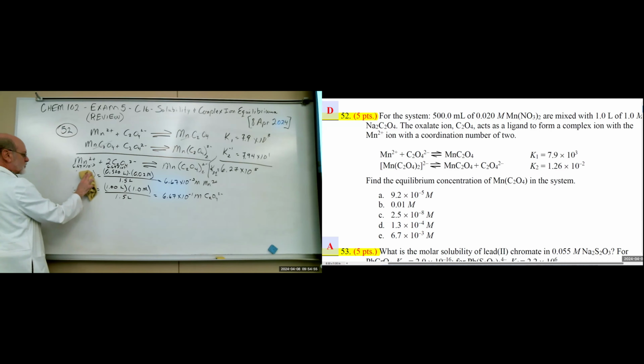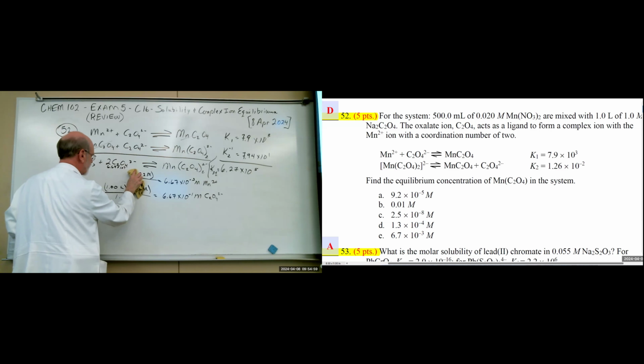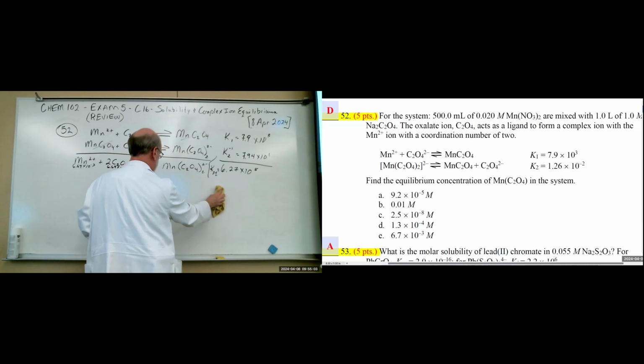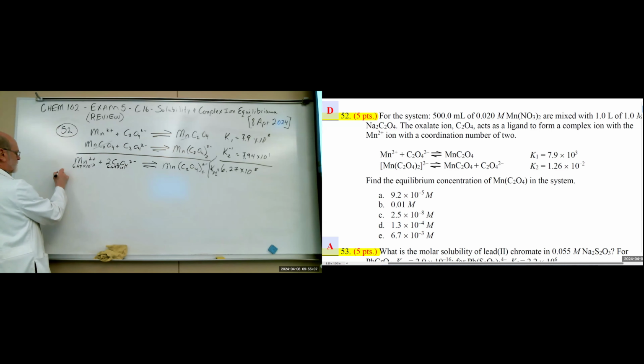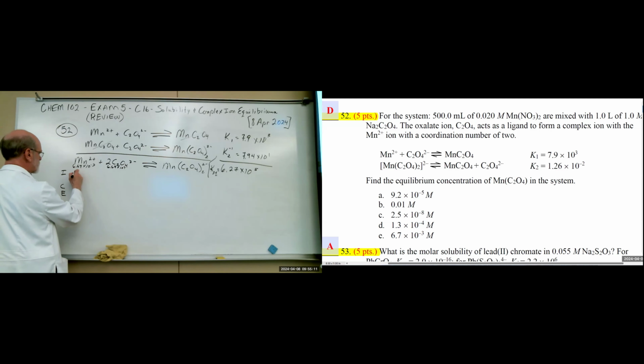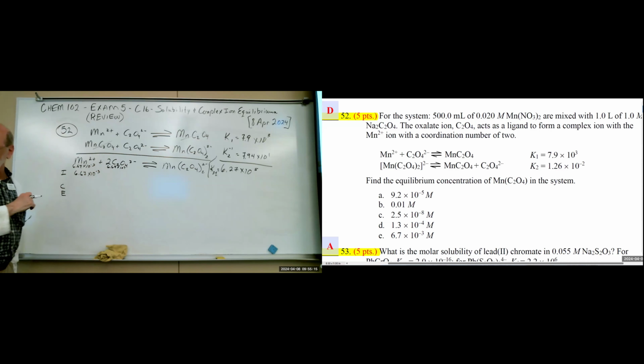So that was the stoichiometry for the reaction. We're taking it all the way to completion first, then we're going to work our way back. So the initial concentration here is 6.67 times 10 to the minus 3. Am I doing this right?